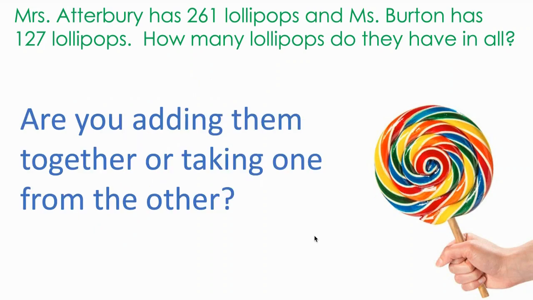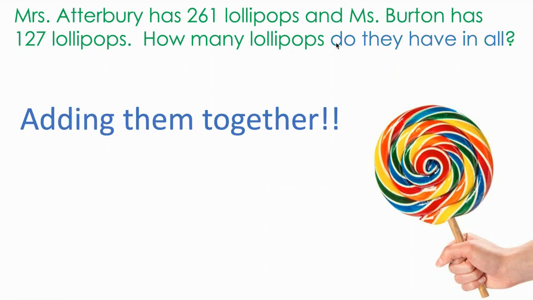So are you going to be adding these numbers together, or are you taking one away from the other and finding the difference? To find out how many they have in all, to answer that question, are you taking them apart, or are you going to be putting them together? You are adding them together. Good job, because right here it says, how many lollipops do they have in all?